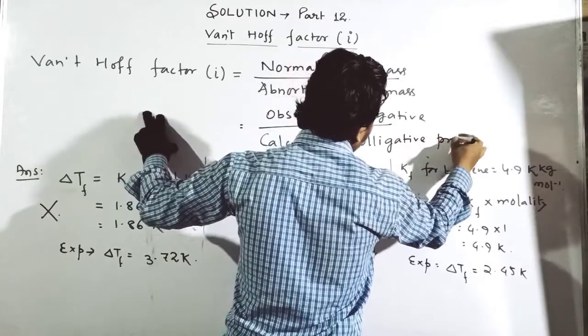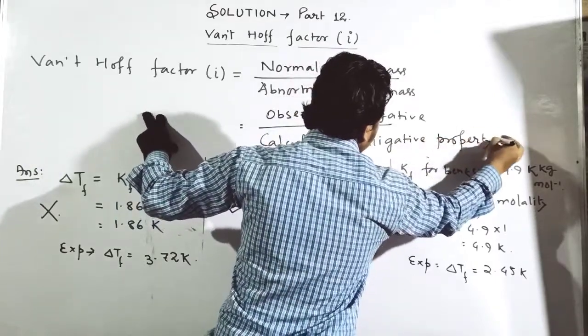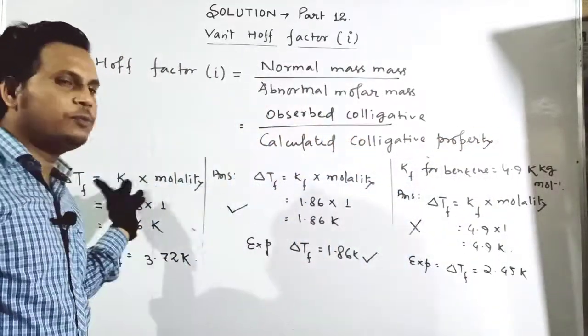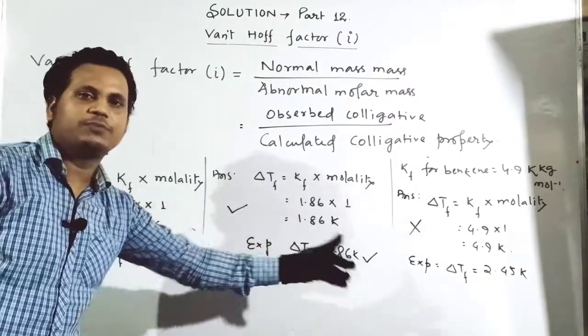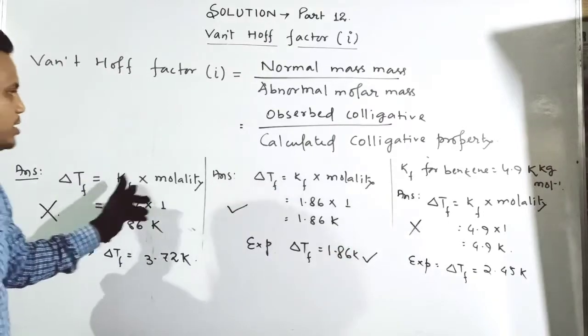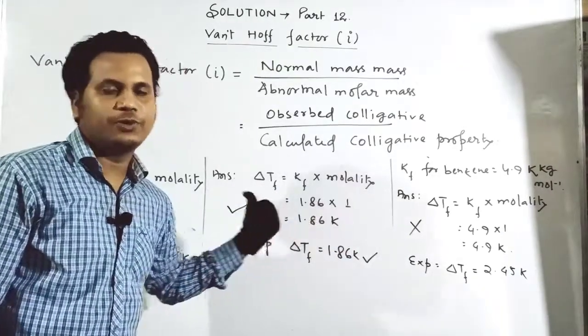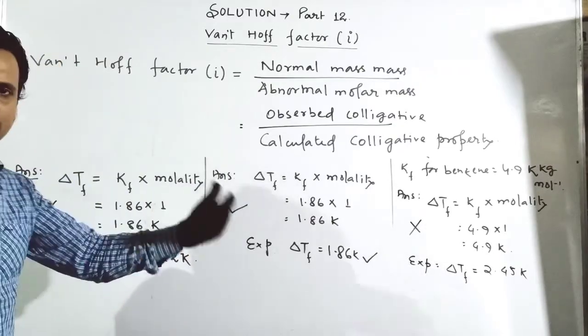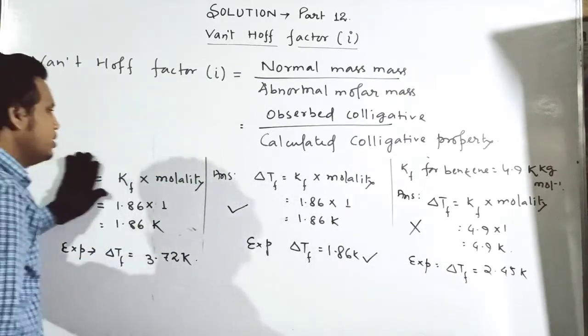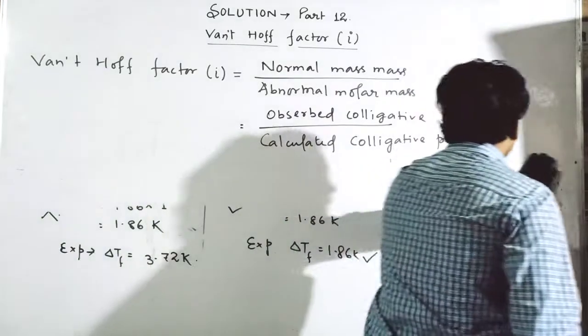This part will be explained later in this video, what is wrong here and what is right here. After some time, when we come to the main topic, it will be clear.